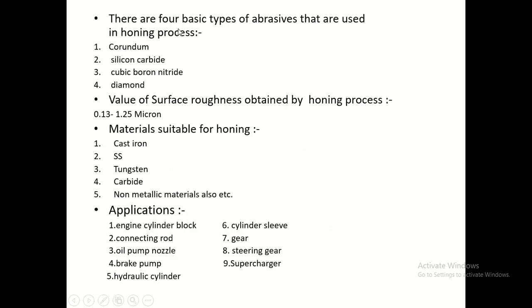There are four basic types of abrasives used in the honing process: corundum, silicon carbide, cubic boron nitride, and diamond. The surface roughness obtained by honing is 0.13 to 1.25 micron. The honing process is suitable for materials like cast iron, stainless steel, tungsten carbide, and non-metallic materials.